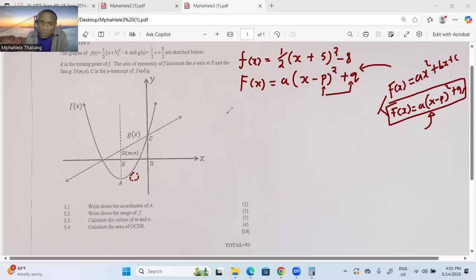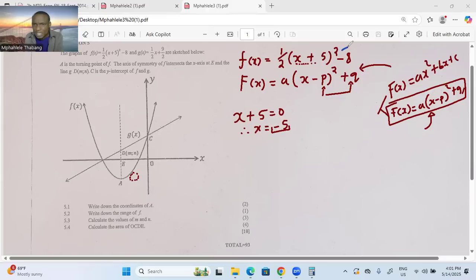So 5.1, when you answer it, you go to this bracket here, x plus 5. You say x plus 5 equals 0. Therefore, x equals negative 5. This means that the x turning point is negative 5. The y turning point is so easy that you don't even have to calculate.